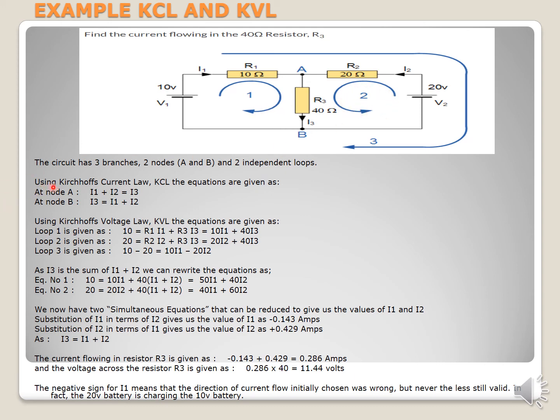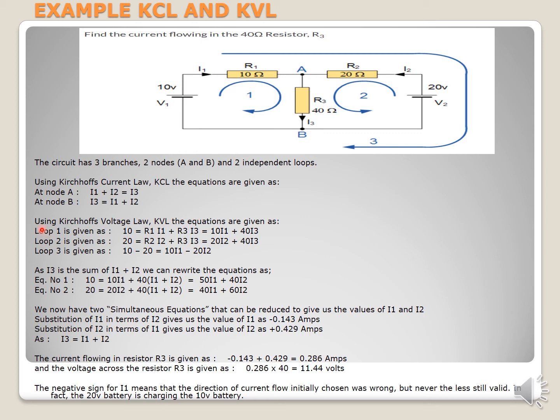By using Kirchhoff's current law, KCL, the equations are given as, at node A, I1 plus I2 equal to I3, and at node B, I3 equal to I1 plus I2.